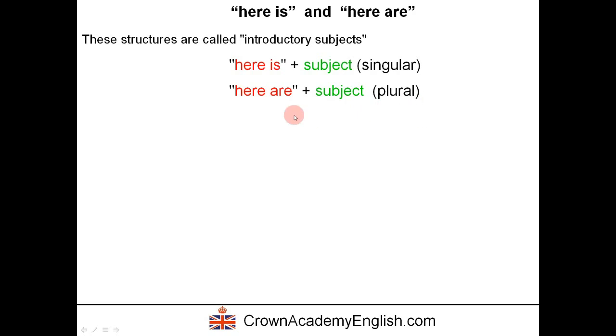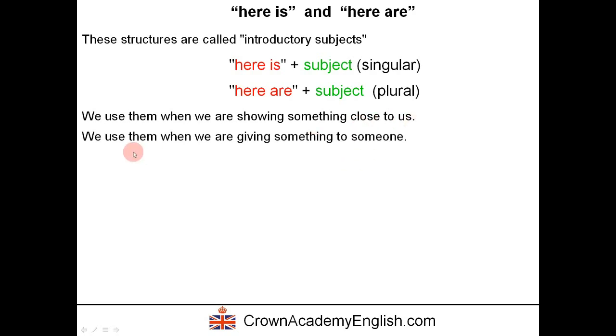And in the plural, it is here are followed by the subject. And we use them when we are showing something that is close to us, or when we are giving something to someone.